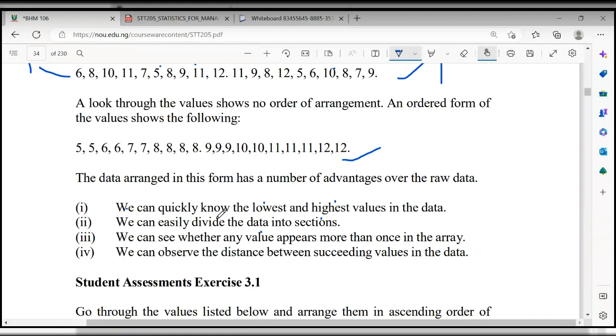That means the data can easily be divided into sections. Then we can also see whether any value appears more than once in the array. Here we can see it easily, unlike above, where it was difficult for us to see. And we can observe the distance between succeeding values in the data.